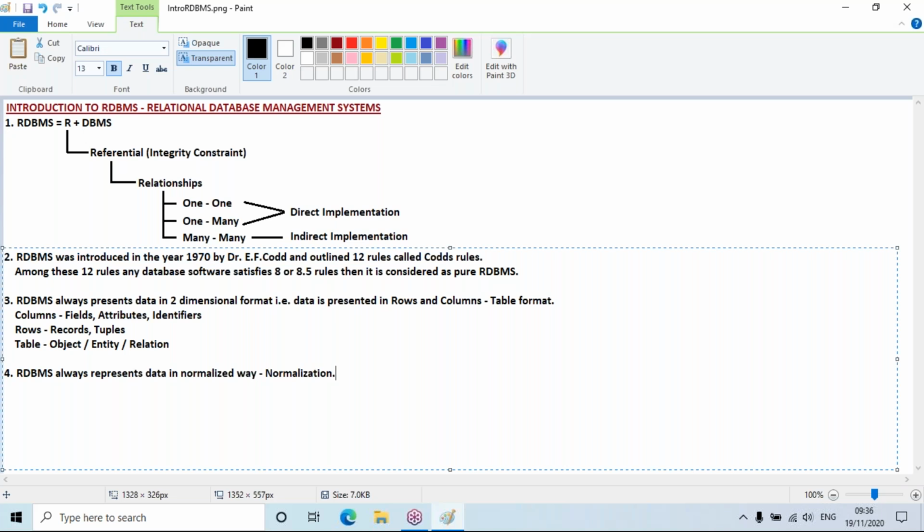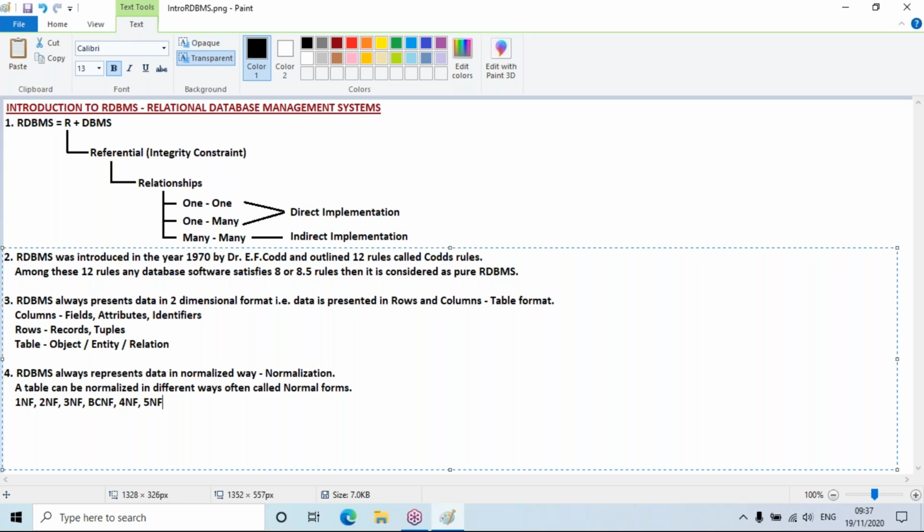A table can be normalized in different ways, often called normal forms, and we call them 1NF, 2NF, 3NF, BCNF, 4NF, 5NF.